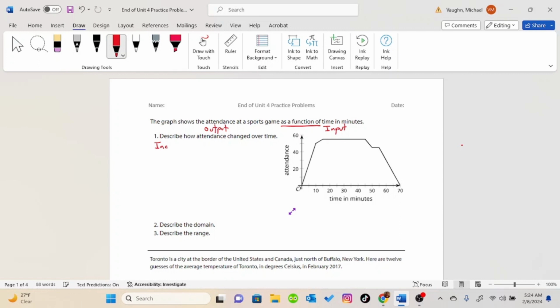So we'll say it increased quickly for 10 seconds. Then we see this little line segment where it starts to get flatter. So we say that it increases slowly for about another 5 seconds.